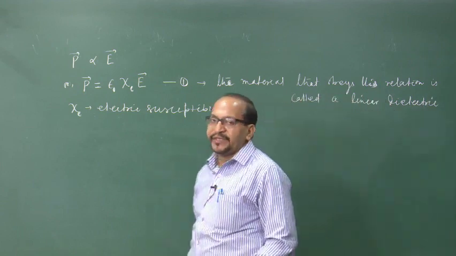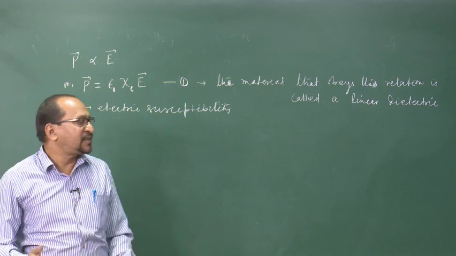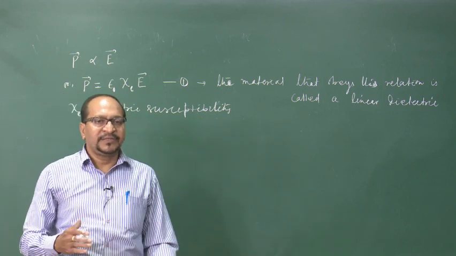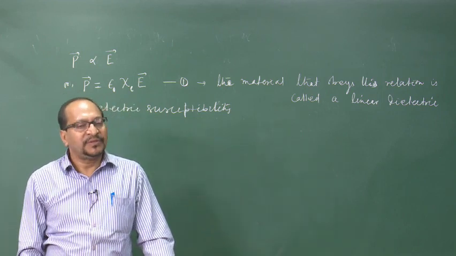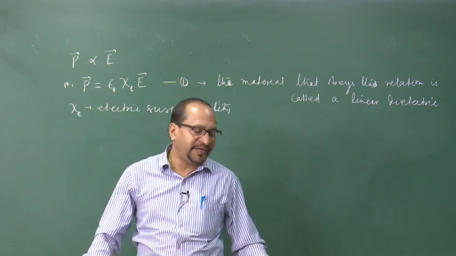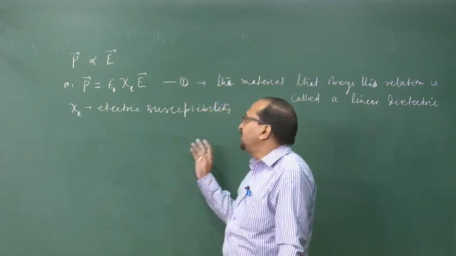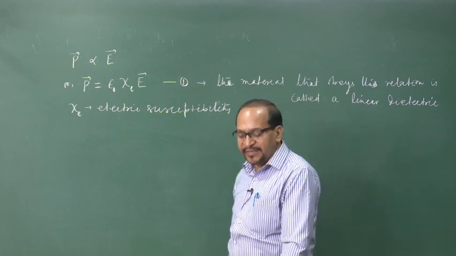And when we say it is isotropic, it means its susceptibility is not a function of direction. In any direction the material shows the same susceptibility. Okay. This is called a linear dielectric.